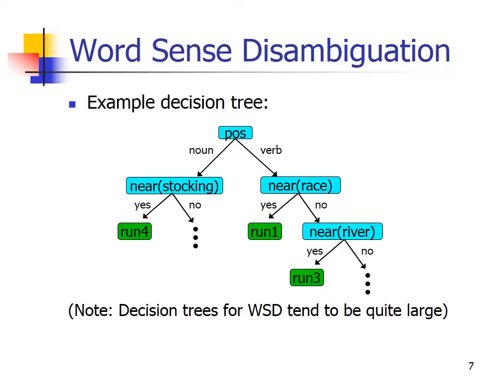And run 1, run 2, run 3, run 4 are the classification or categorization. So we need to understand this.